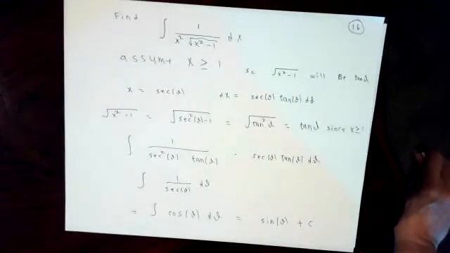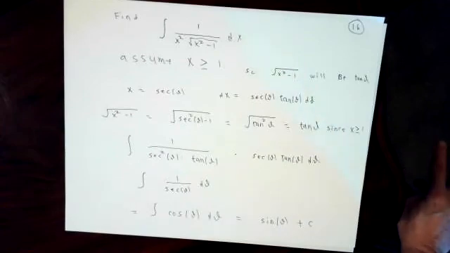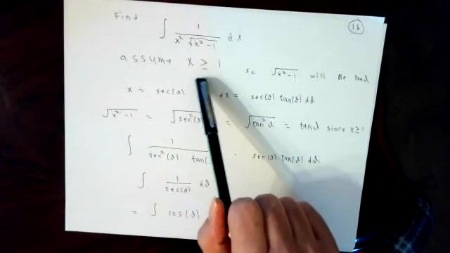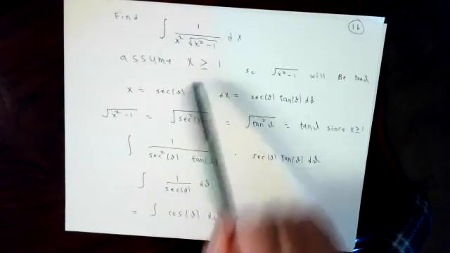As an example of all this, I want to find an antiderivative for 1 over x squared times radical x squared minus 1 with respect to x. And to avoid any of this plus or minus sign confusion, I'm going to assume that x is bigger than 1.